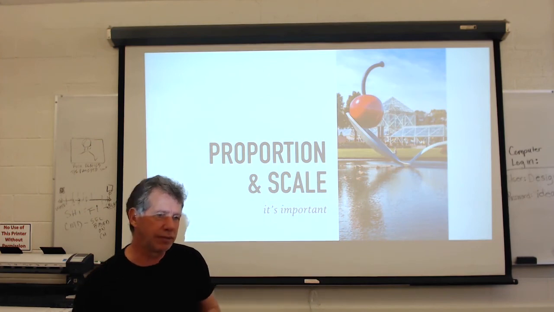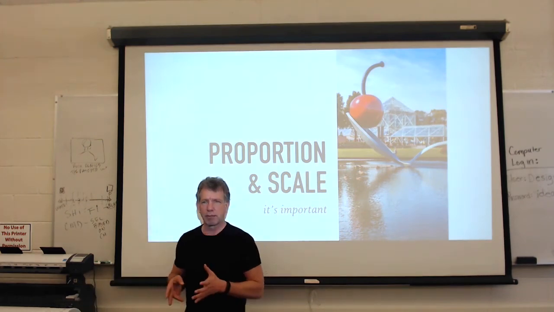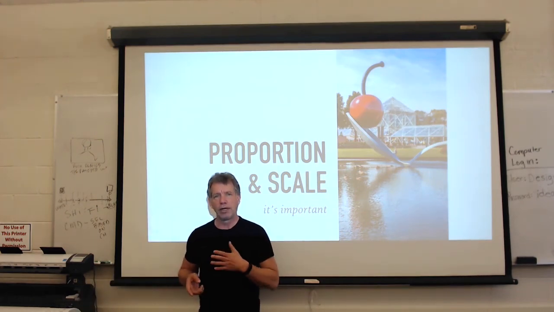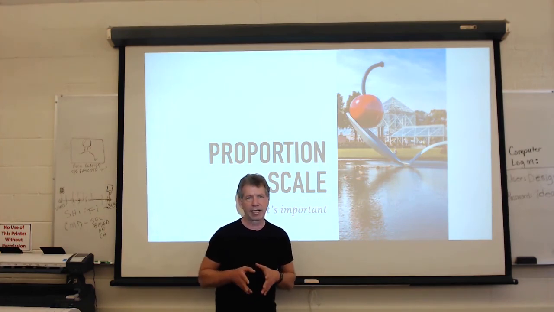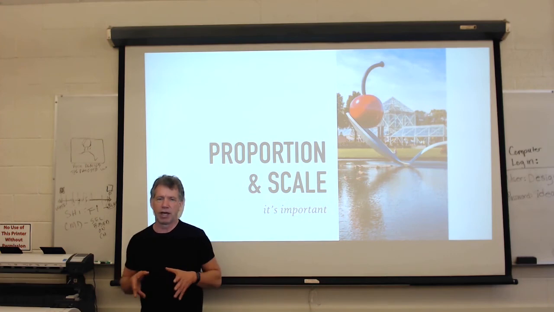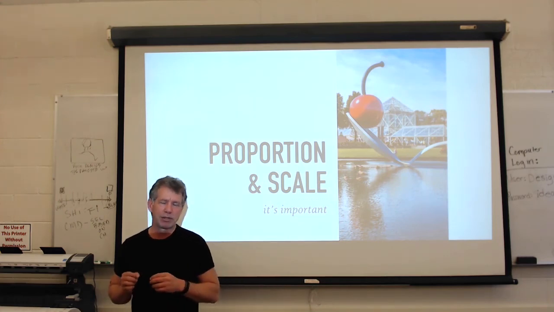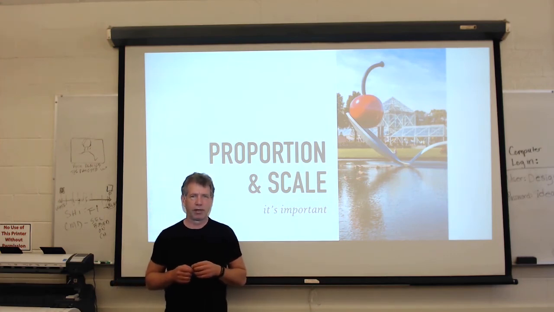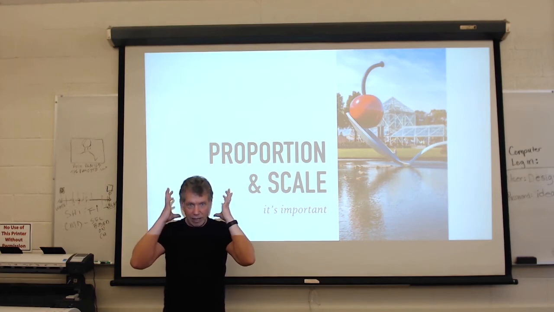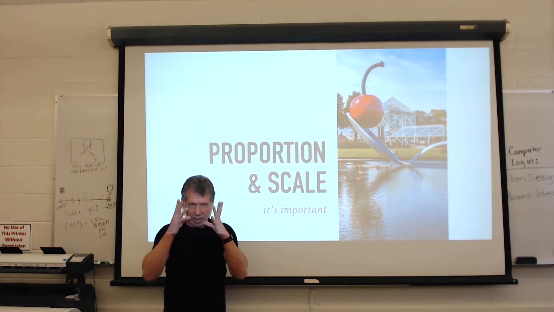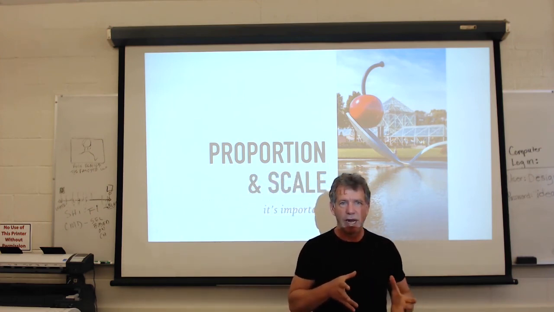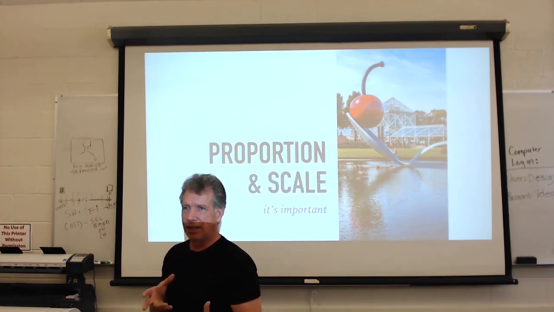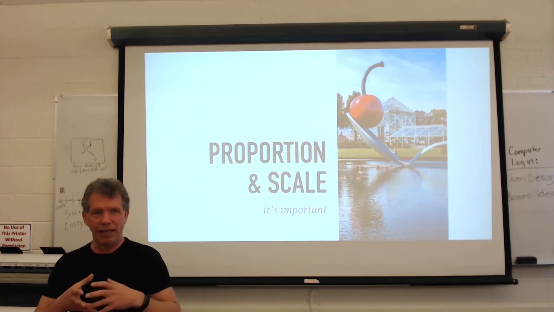When it comes to proportion, we know when something looks correct or we know when something doesn't look correct. And a lot of times that has to do with the proportion of the object itself. Specifically, I'm talking more about the human figure. You see people with, say, big ears or big eyes. You know that it doesn't look correct because the proportion isn't correct.